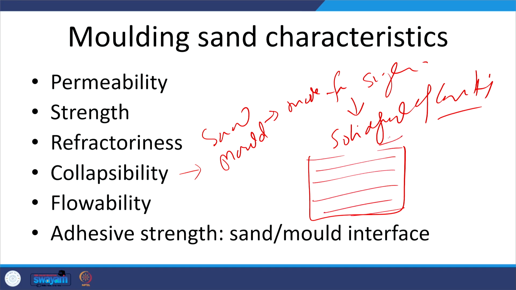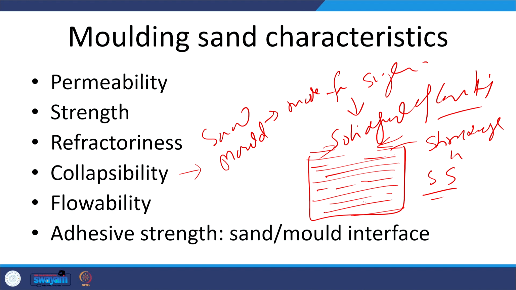Okay. So, this mold, after the solidification, the casting will be shrinking in the solid state, shrinkage in solid state. With the shrinkage in solid state happening, then the mold, under the effect of the compressive stresses that will be developed due to the shrinkage, should break.